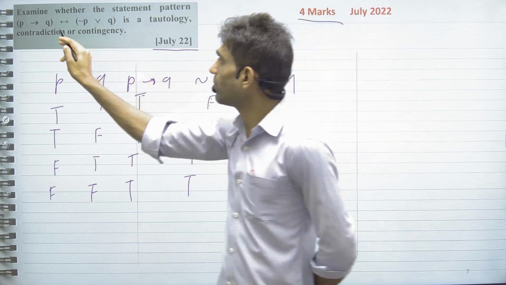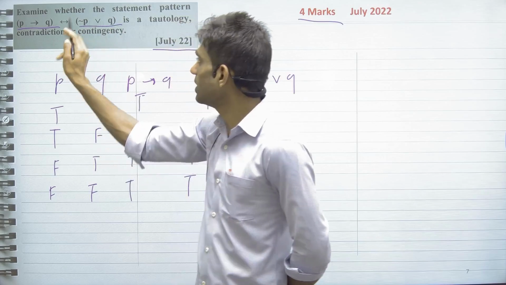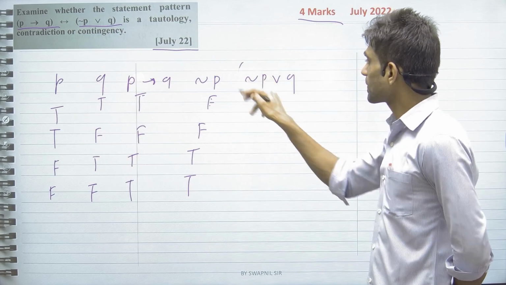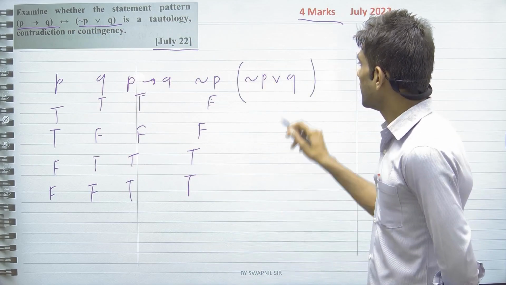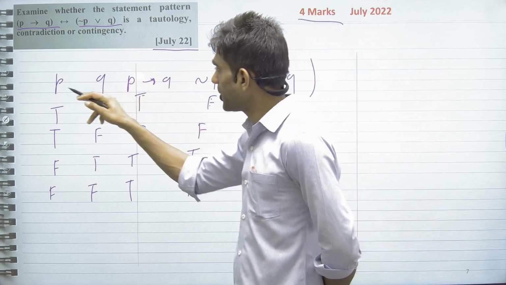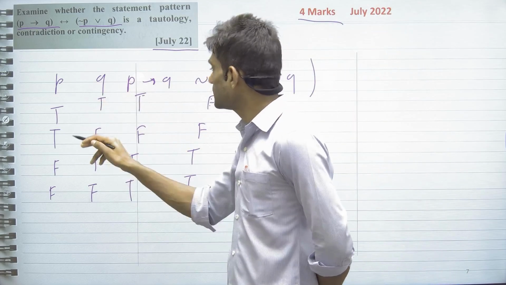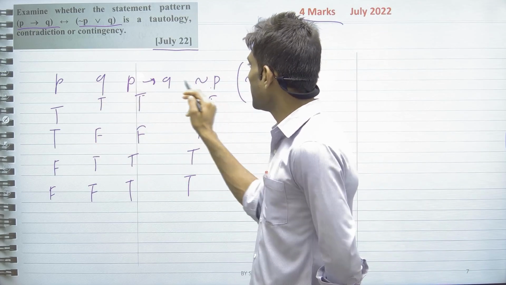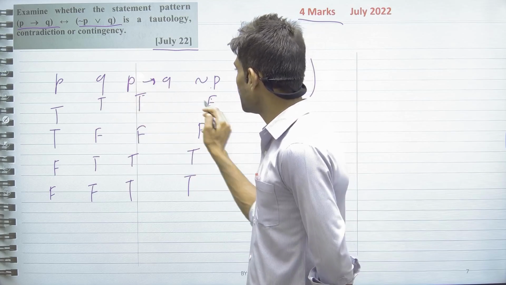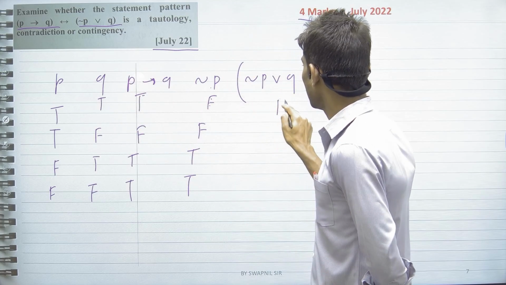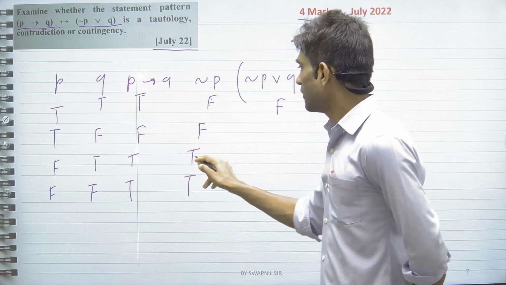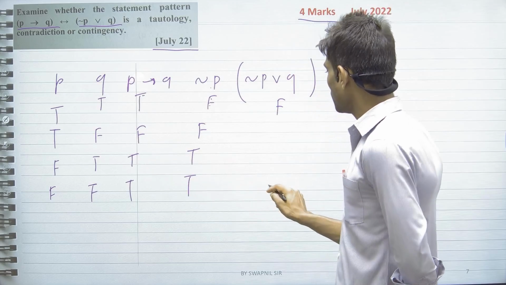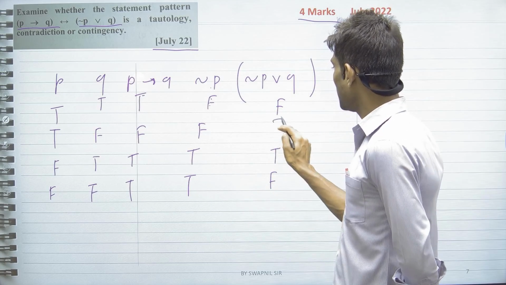We solve the brackets first, this bracket and this bracket, then we go for the double implication. So negation of P disjunction Q gives F, T, T, T. It gives F here, this one is true, this one is true.